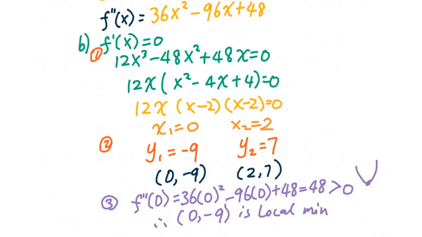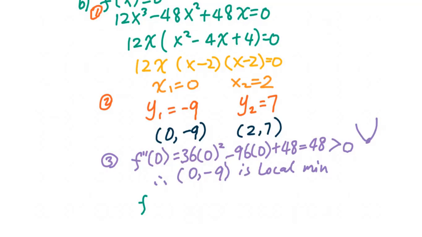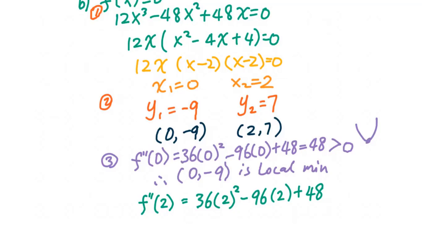That's why you have a minimum point. For the second derivative at 2, we plug in 36 times 2 squared minus 96 times 2 plus 48.